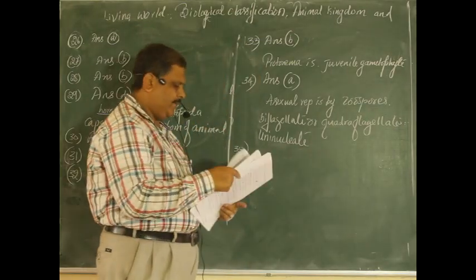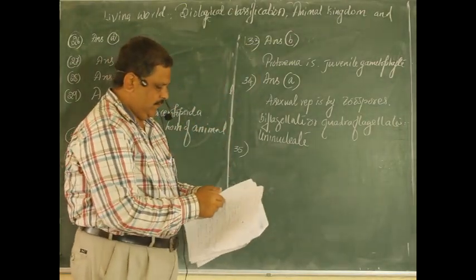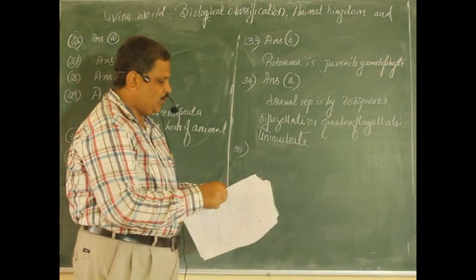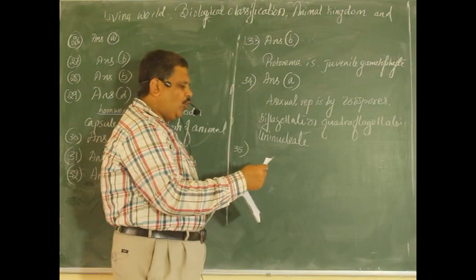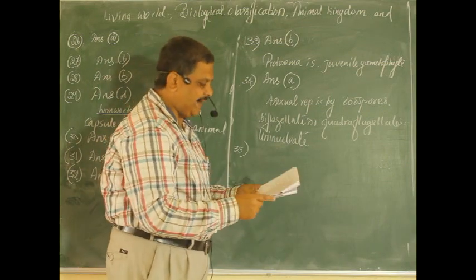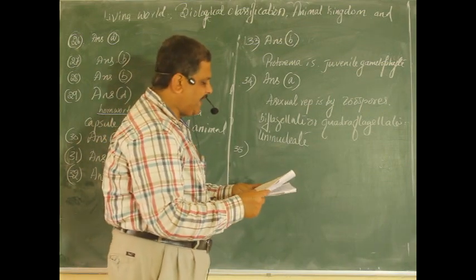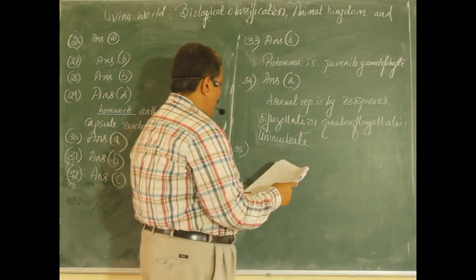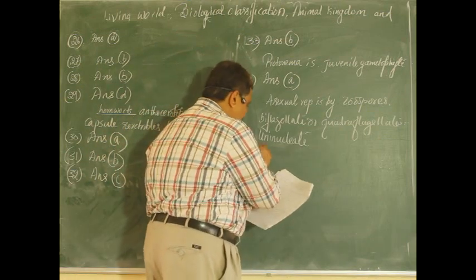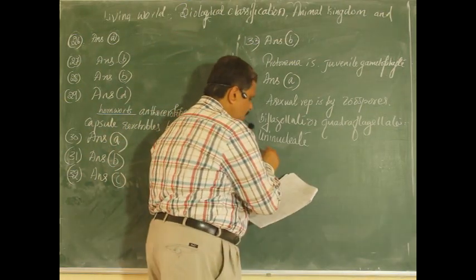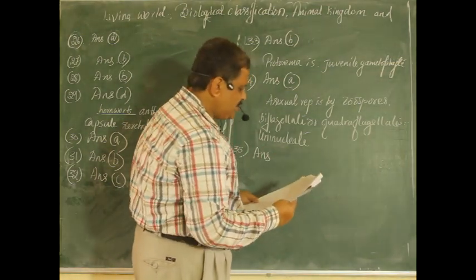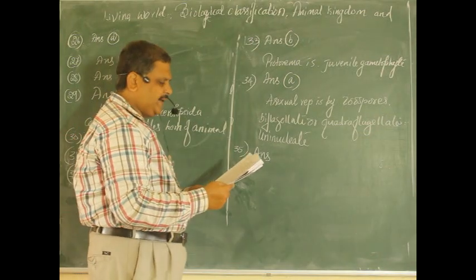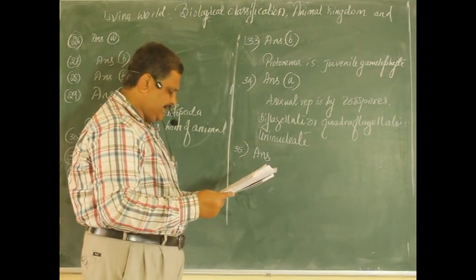Now let us move to question number 35. The question is, gametophytic and sporophytic phases are independent in: option A, pteridophytes; option B, bryophytes; option C, gymnosperms; option D, phaeophytes.